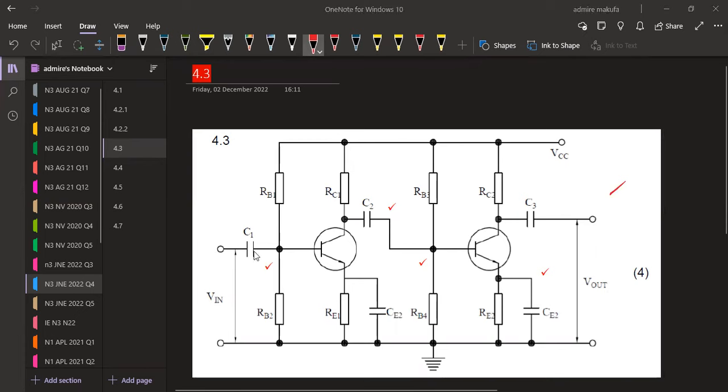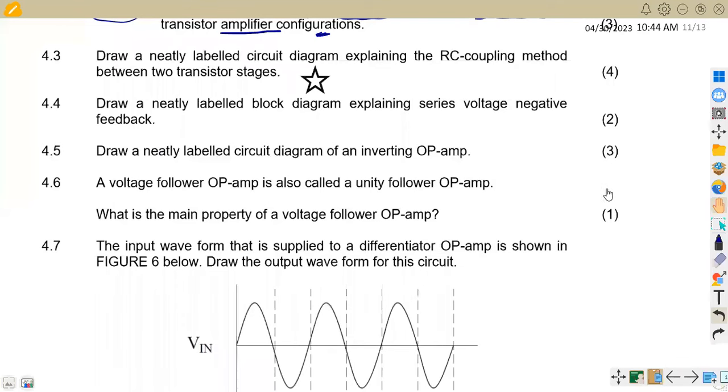All right, so that is it, guys. On the other part of the question, we are given to draw a neatly labeled block diagram explaining series voltage negative feedback. I gave you this one before, so it's actually a repetition. This is what we have in this case, our 4.4.